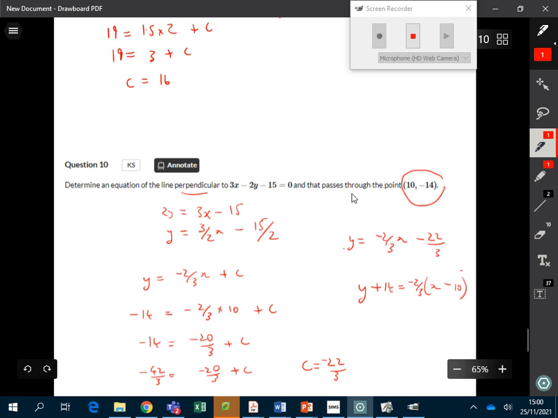And if we expand that out, I think we'll get the same thing. So that'll be minus 20 over 3, and then minus 20 over 3, take away 14, which is 42 over 3. Yeah, you'll end up with exactly the same thing.